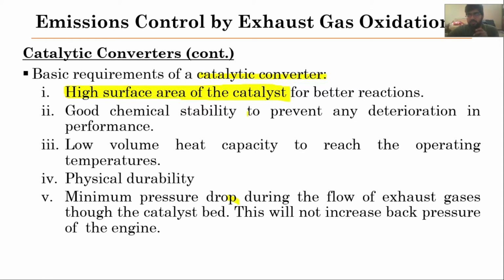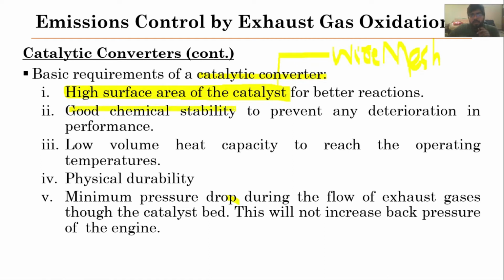So when we increase the surface area of the catalyst, it will basically increase the reaction rates. And this is being achieved by using wire meshes. Usually ceramic meshes are being used for that purpose.